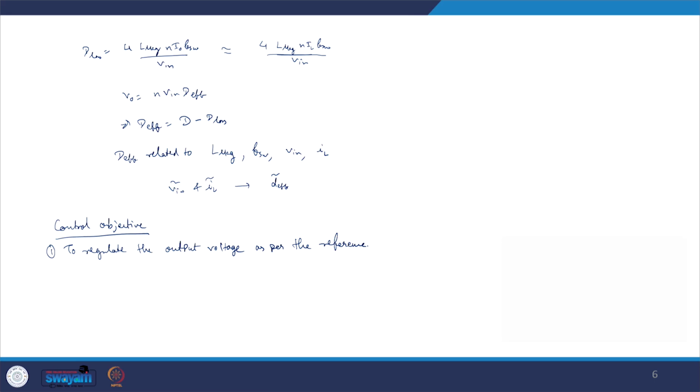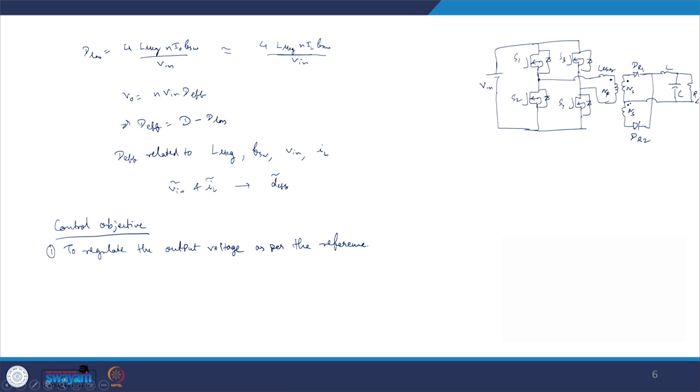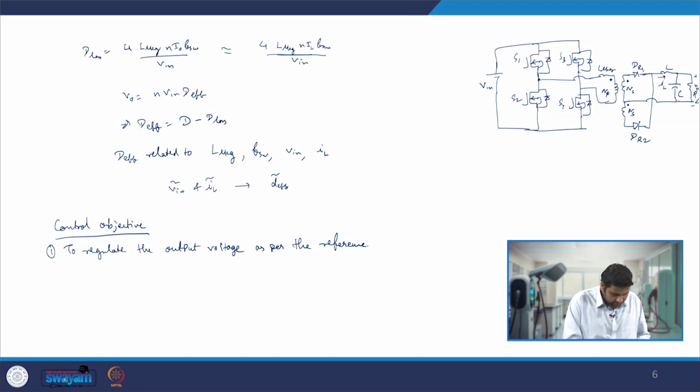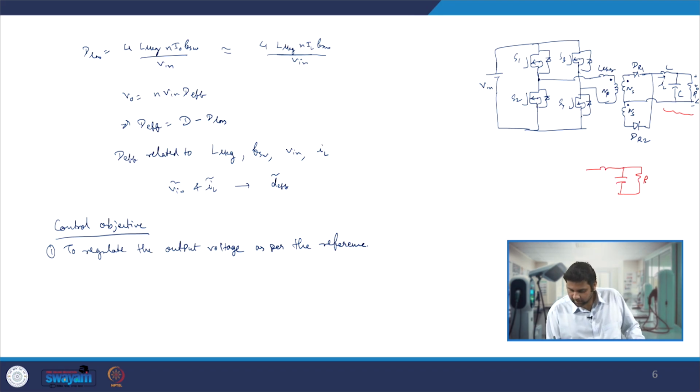Now, in this particular circuit we have the output voltage V naught and we have IL current going in. If you look very carefully, this output part of the circuit, which comprises this L, C and RL, is similar to that of the buck converter.